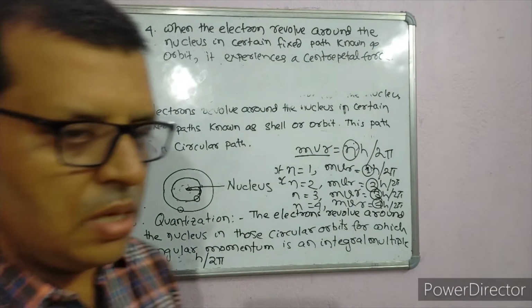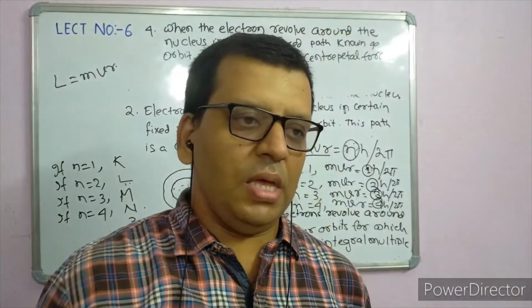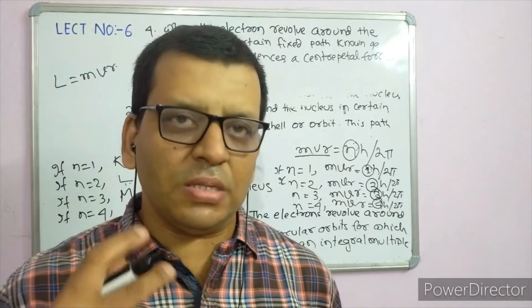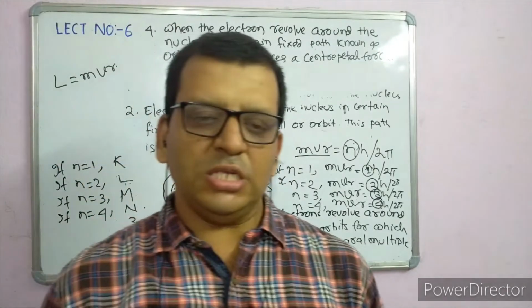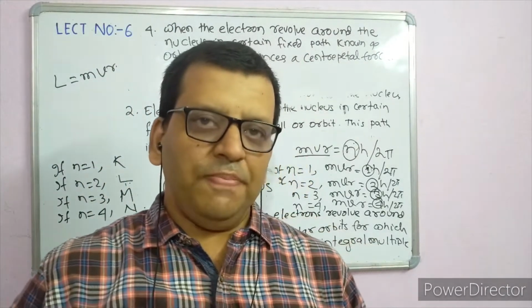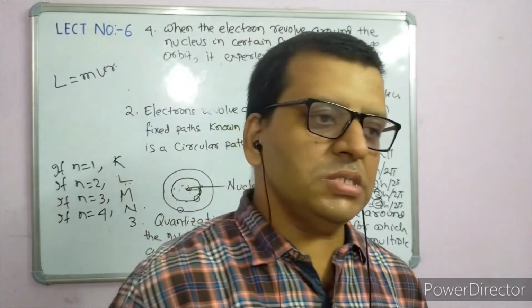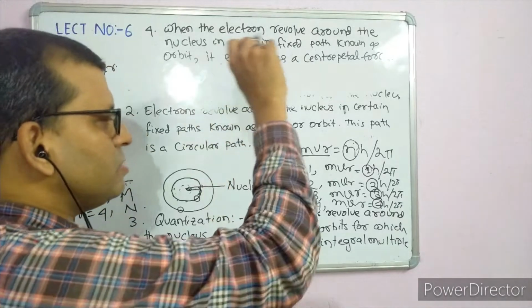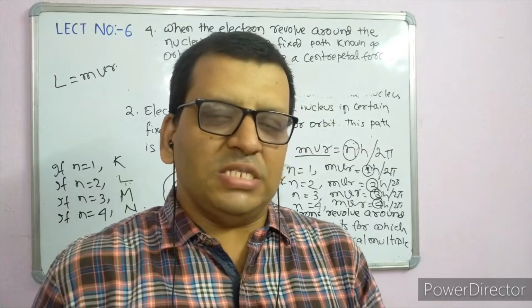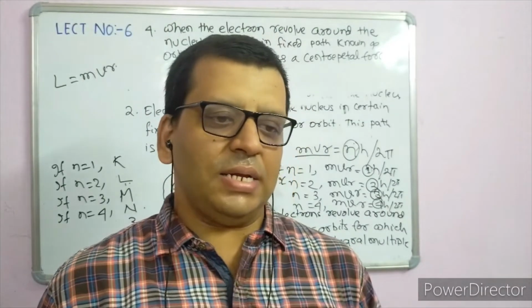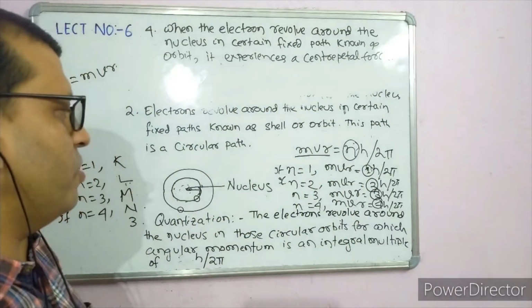This is because the electron is revolving around the nucleus in a certain circular path. If a body revolves in a circular path with constant velocity, then it actually experiences a force as if it is being attracted by something placed at the center of the circle. And because the electron is revolving around the nucleus, it experiences centripetal force as if the nucleus is attracting the electron. So this is known as our postulate number 4.